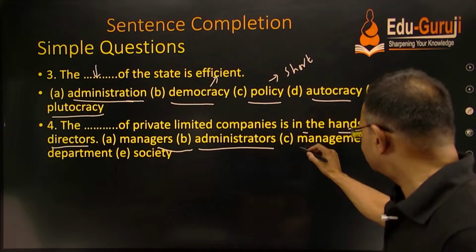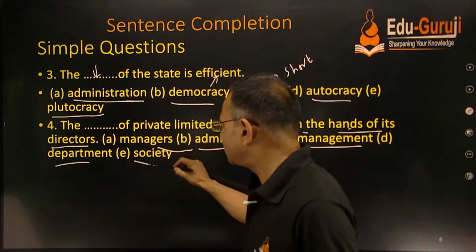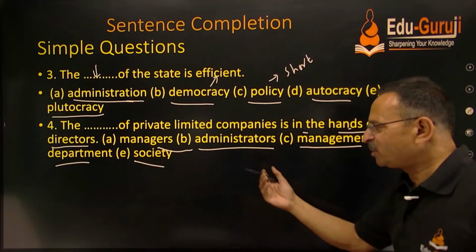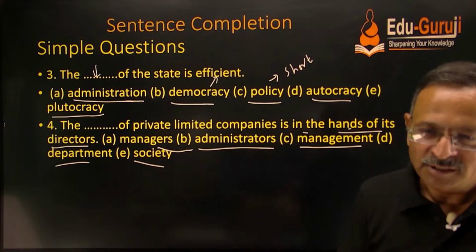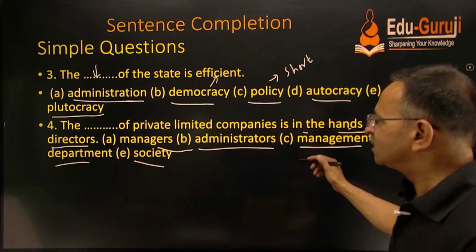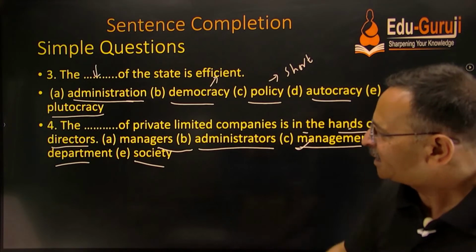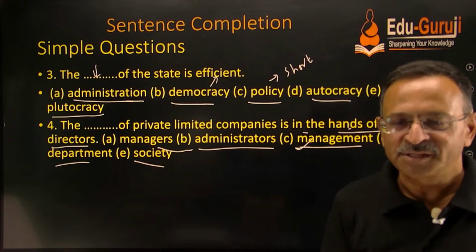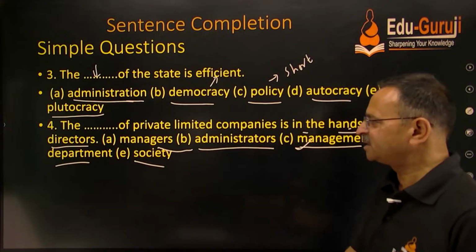Then you have a management, and then you have a department, and then you have a society. So obviously, the department and society are not going to be controlled by the directors. Obviously, the directors would be controlling the management of the company, and it goes well with the option, the management of the private limited company is in the hands of its directors.